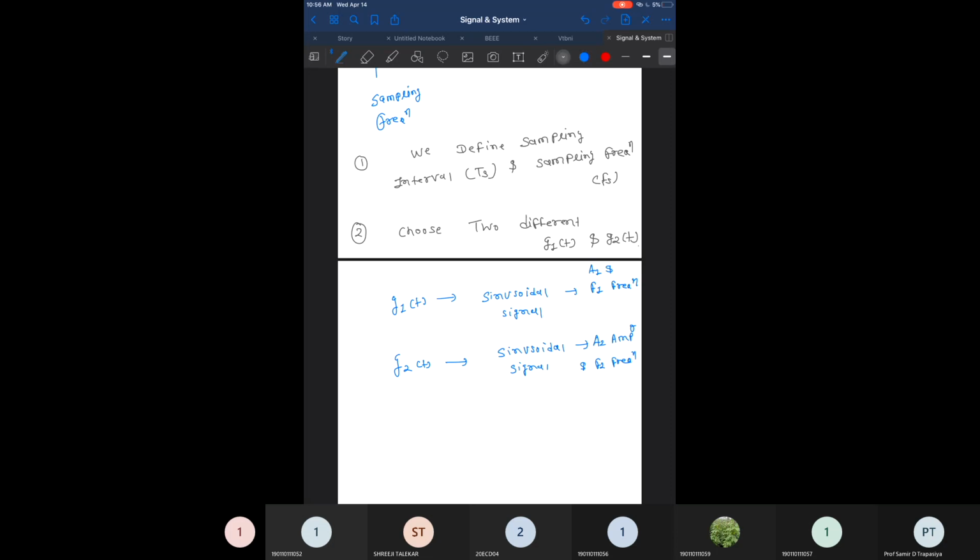Now the third step, where we take the addition of both signals, that is simply defined as g of t, which is represented as the addition of g1 of t and g2 of t. Very importantly, g of t is the addition of g1 of t and g2 of t.